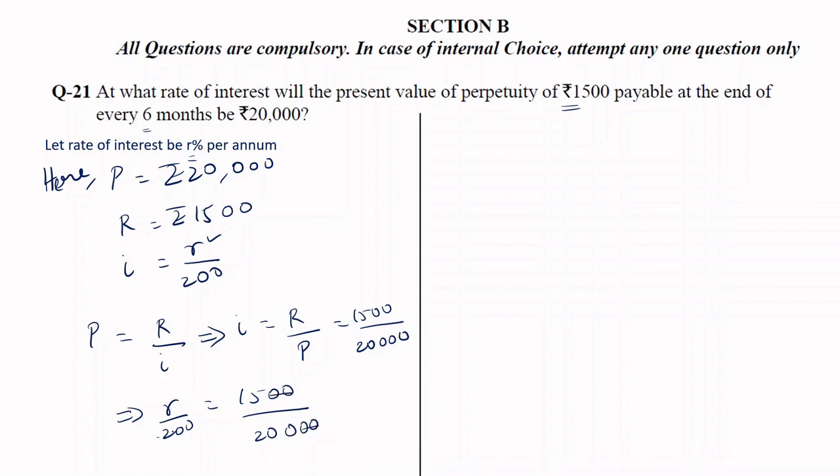If we simplify this, we get R as 15%. So writing what is given and the formula carries 1 mark. Substituting the values and finding the value of R carries 1 mark. So a total of 2 marks for this question.